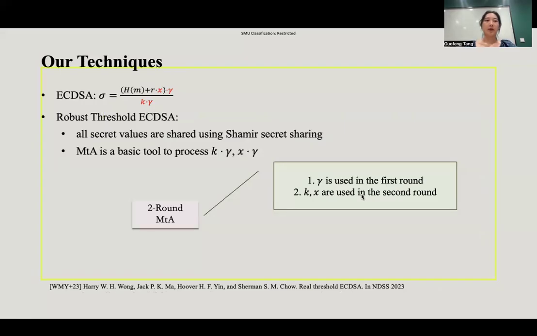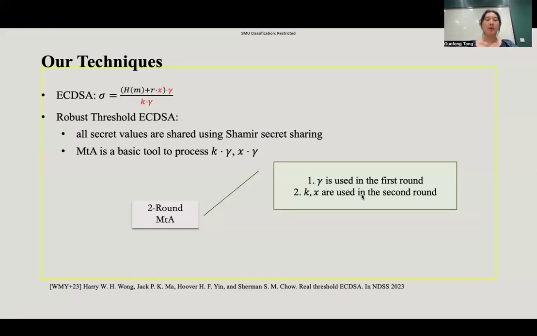Our technique can be shown in high-level ideas. ECDSA is to compute sigma, where k, gamma, x are all shared secret values. X is the signing key. k and gamma are both secret nonces.